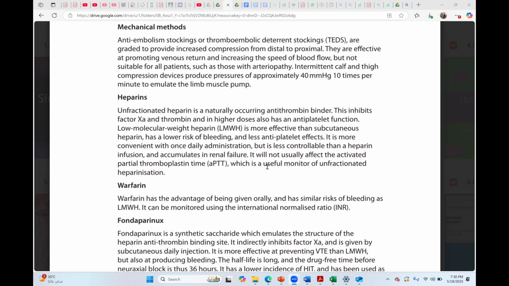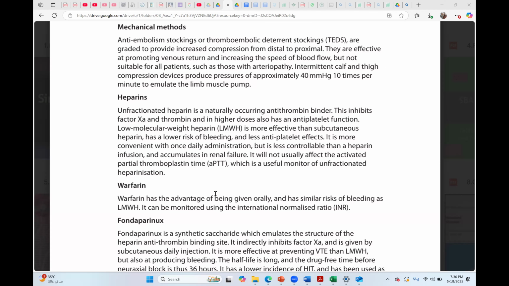Another option which you should have in your list: what is the third test that can help? Thromboelastography, very good. And when you are preparing, let me tell you something. This is one of the topics which always haunted me.